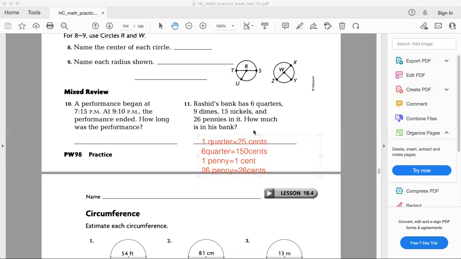Next, what we have? Dime and nickel. 1 dime is equal to 10 cents. So it is 90. Yes, 9 dimes equal to 90 cents. Excellent.